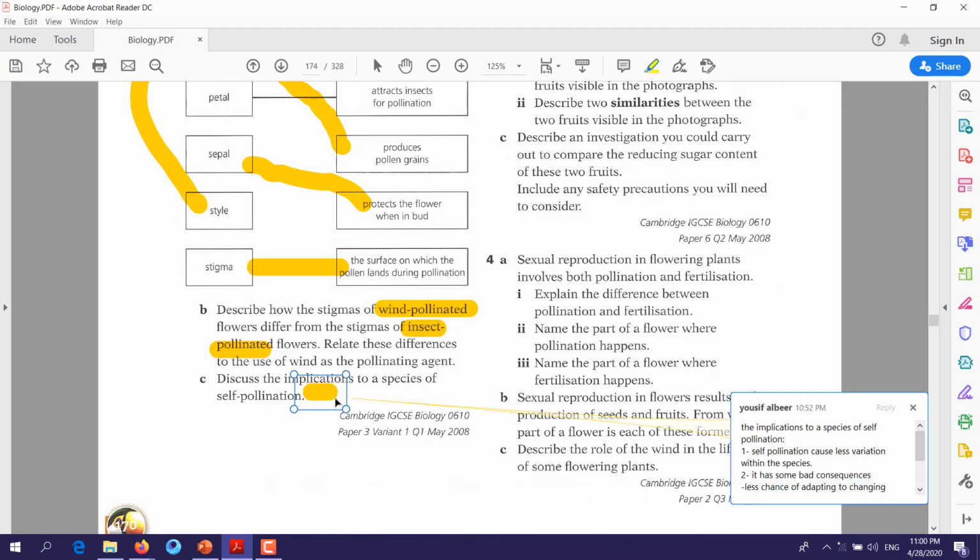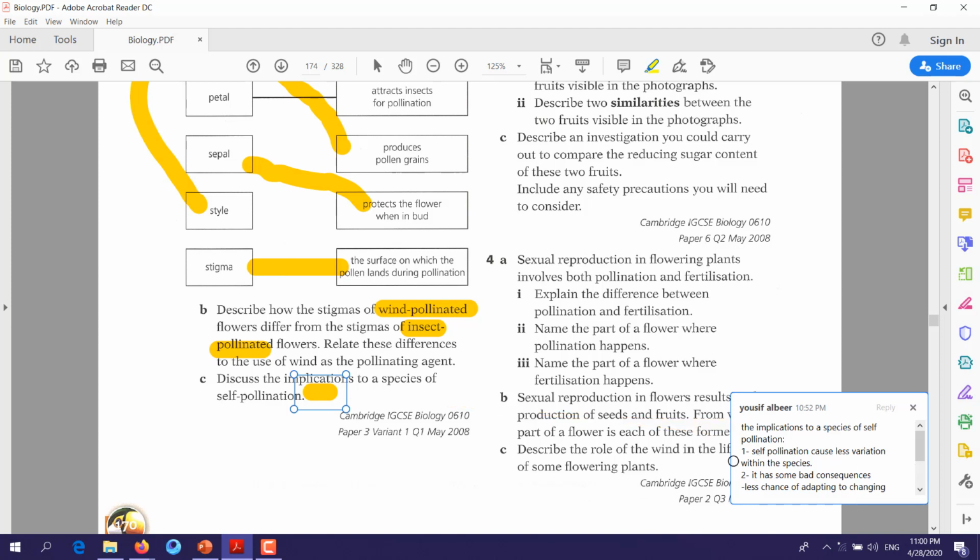C. Discuss the implications to a species of self-pollination. Here it's talking about what you think are the positive and negative points about a plant being self-pollinated. Here I prepared some answers for you.